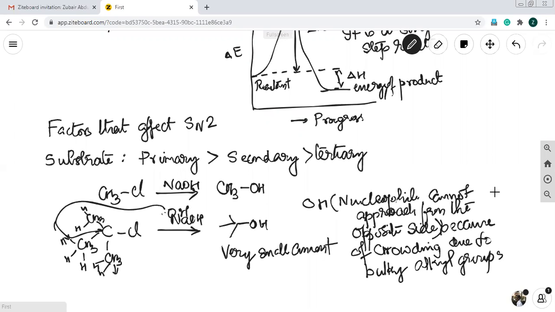So this is the reason why the SN2 reaction will not occur for tertiary alkyl halides.